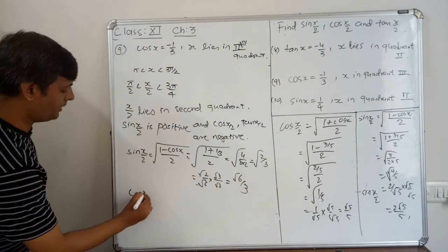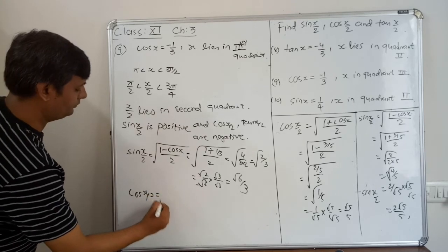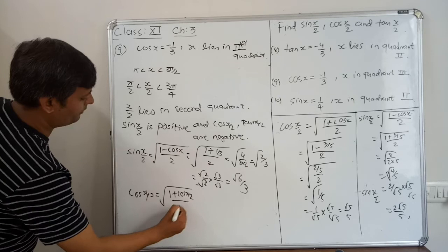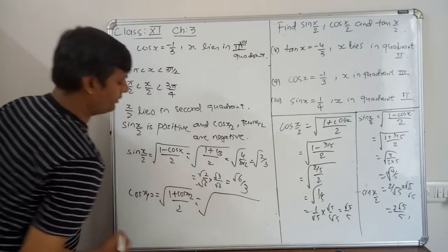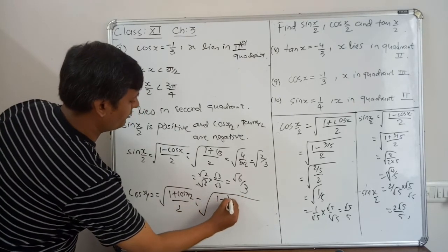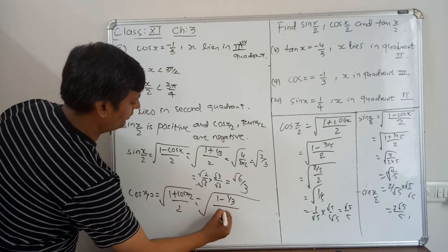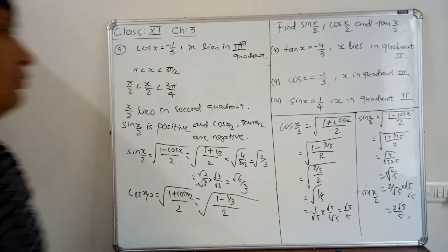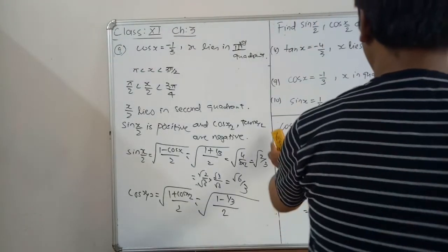Similarly, cos x by 2 is equal to under root of 1 plus cos x by 2, and by 2. So under root this, so 1 minus 1 by 3 upon 2. Clear? So we subtract from 3 minus 1, 2 by 3 here.